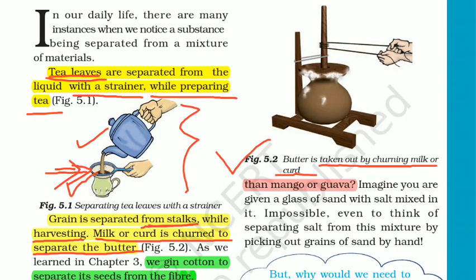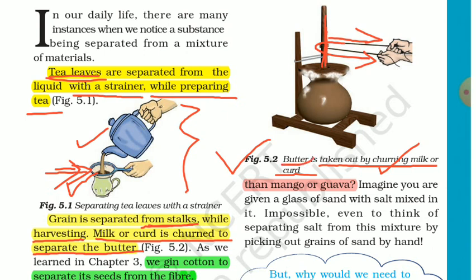By rotating this at high speed, we are churning the milk. After churning the milk, we will get the butter. So we are separating the butter from the milk.